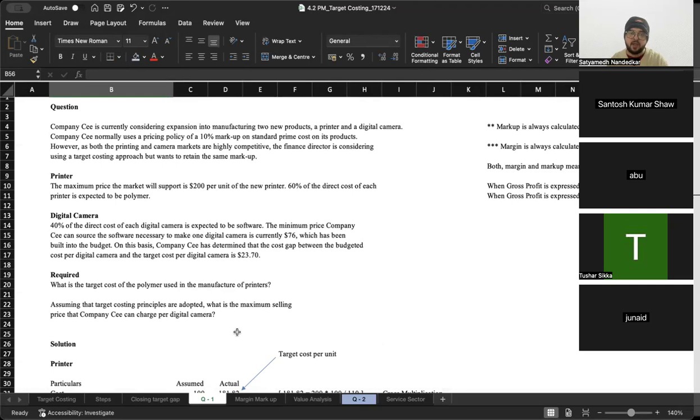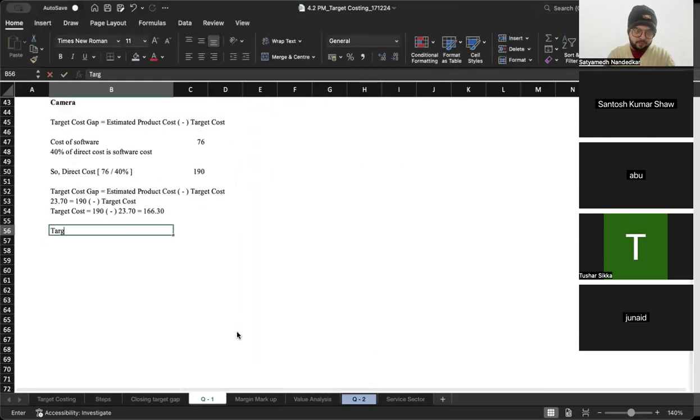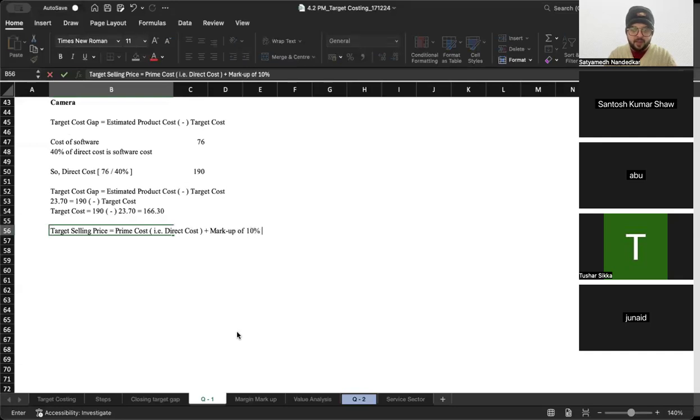For all the products, its current policy is that it wants to have a 10% markup. So let's calculate that. Target selling price is prime cost, that is direct cost, plus markup of 10%.